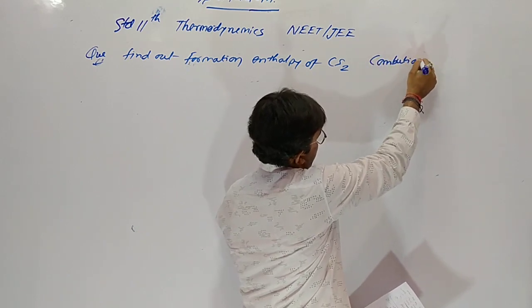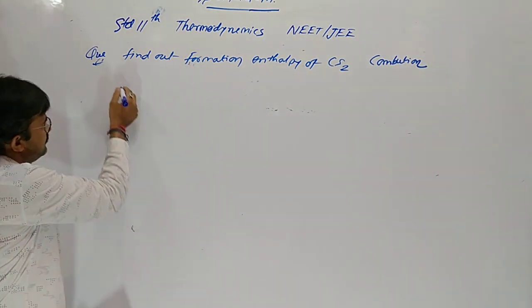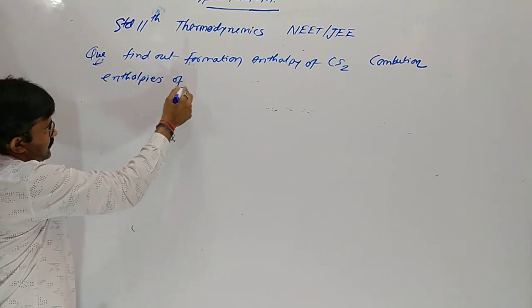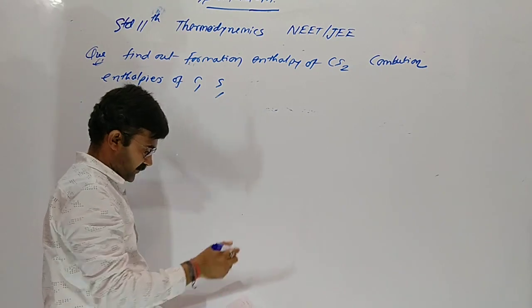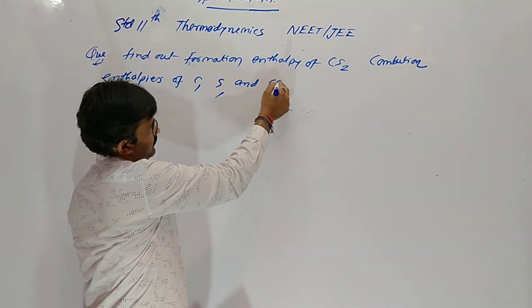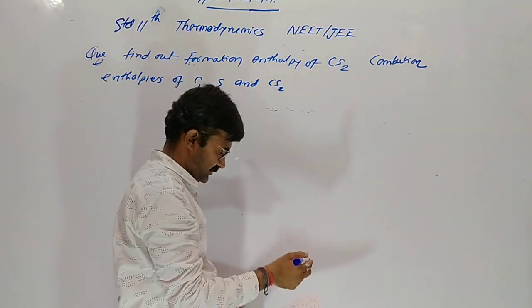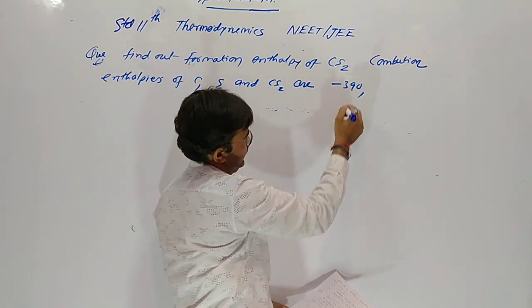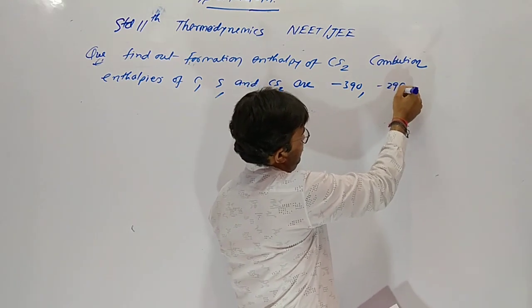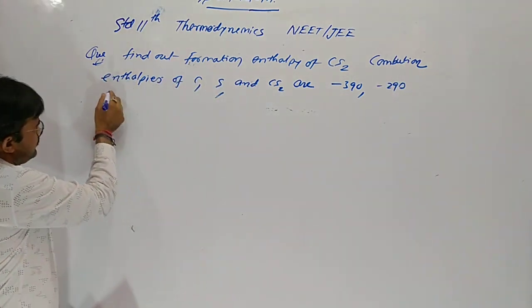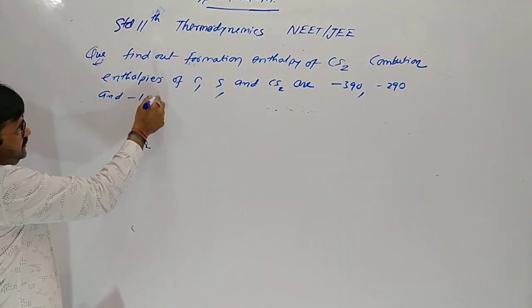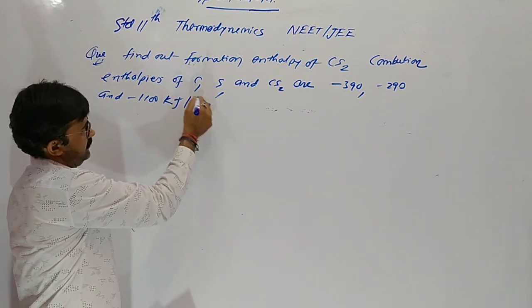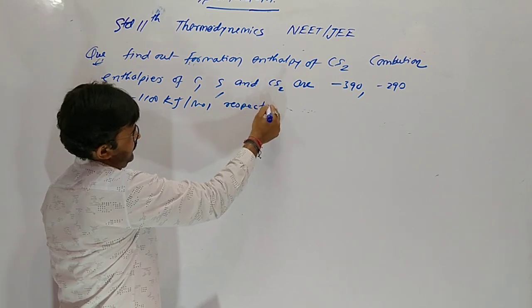Here combustion enthalpies of carbon, sulfur and carbon disulfide are minus 390, minus 290 and minus 1100 kilojoule per mole respectively.